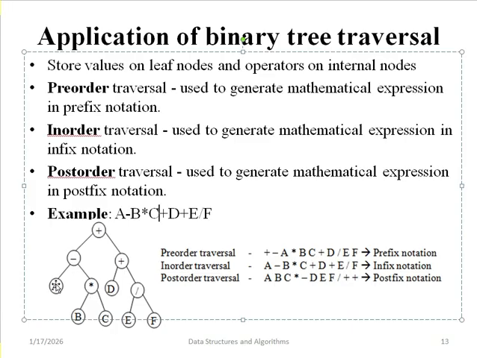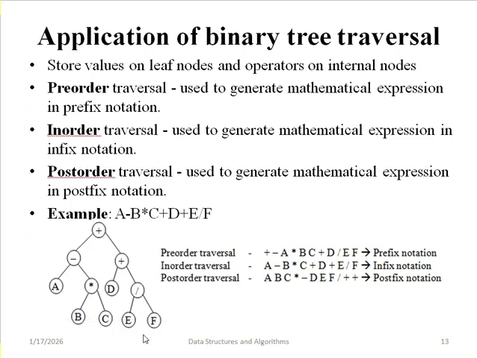So minus on this wing, left wing A, on the right wing it is having the multiplication, and for the multiplication left wing B, then the right wing C. And for the next addition, the right wing is addition, and its left wing is D, and the right wing is multiplication. Then for the multiplication, the right wing is division, and for the division left wing E, right wing is F.